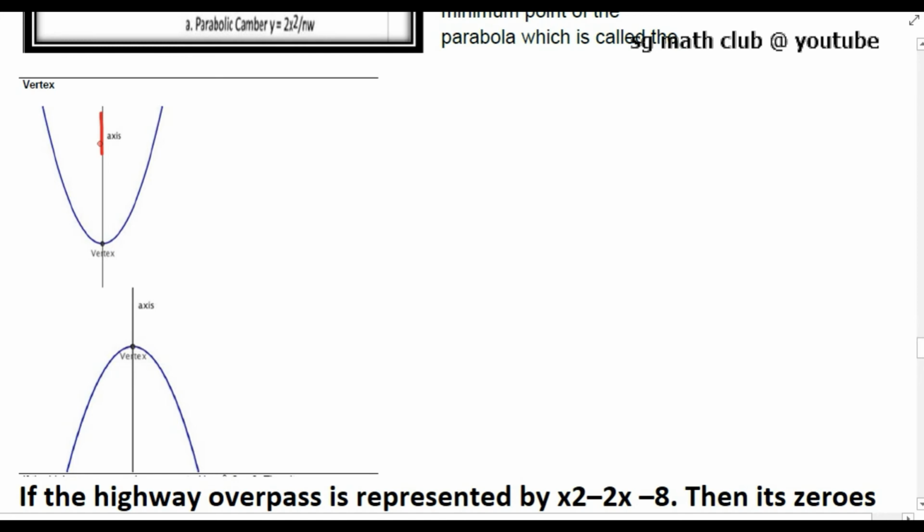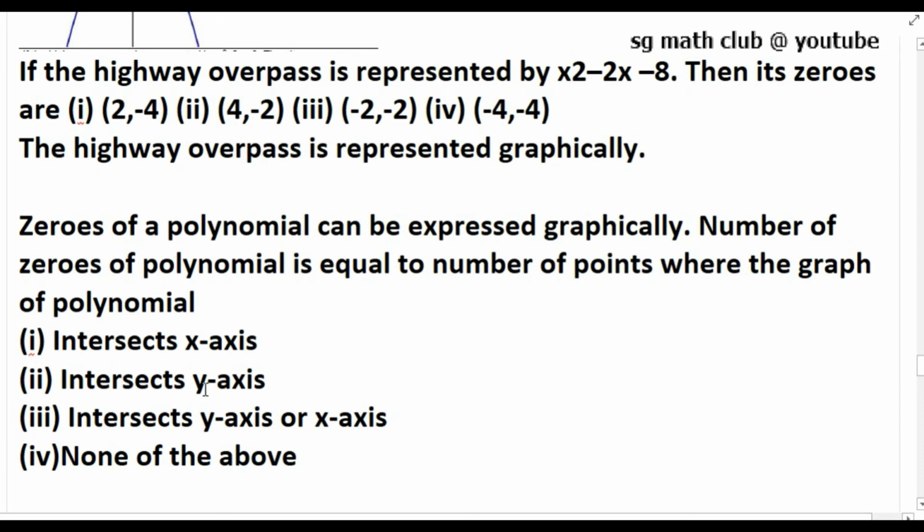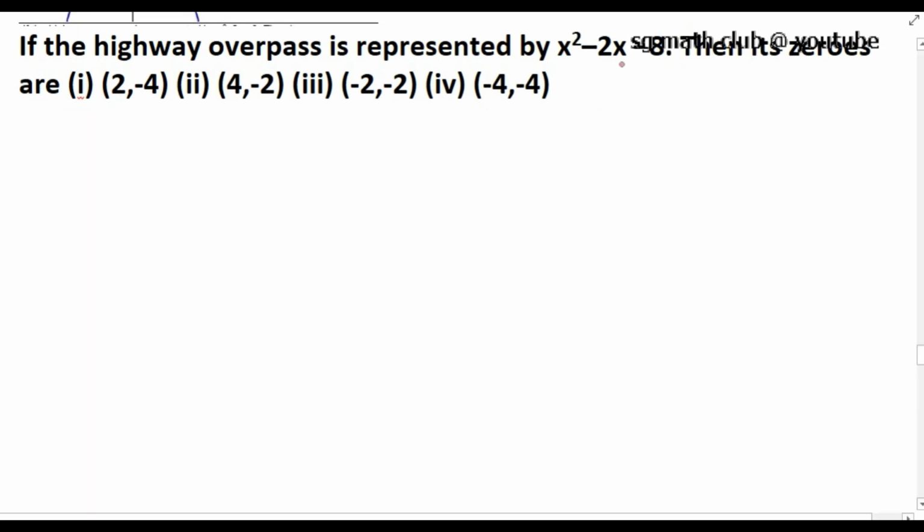Now we will solve this. If the highway overpass is represented by x square minus 2x minus 8, then its zeros are. Seeing that, you need not be tense, just solve this and we will get the zeros of this quadratic polynomial. You should find two numbers such that the product is minus 8 and the sum is minus 2, so minus 4 into 2 and minus 4 plus 2.